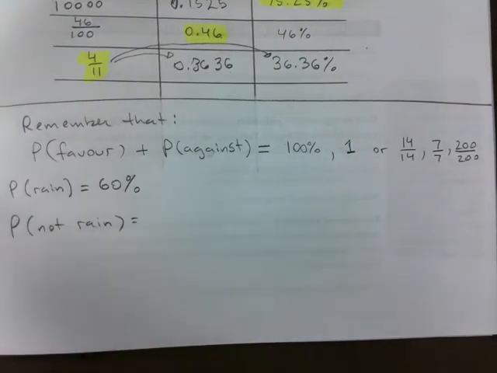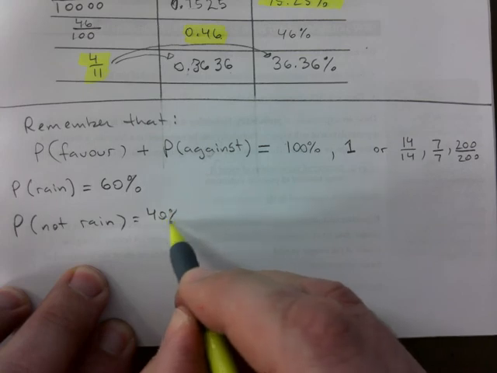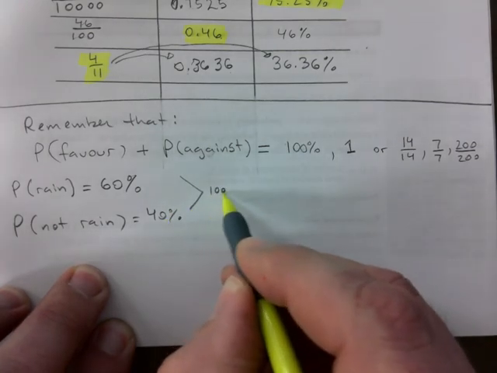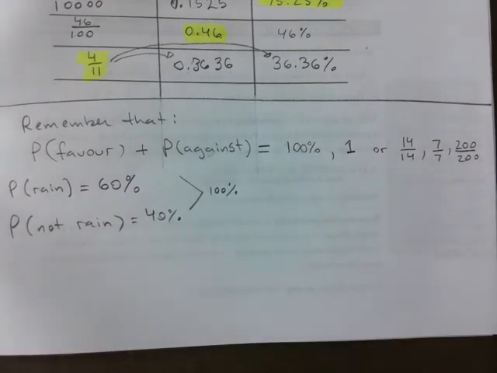So you just knew that if something is happening, then there's a probability of it not happening. And those are called complements. They complement each other. So then it's 40%, right? So combined, you get your 100%. Under the roof, there's only 100% that you have to deal with, right?